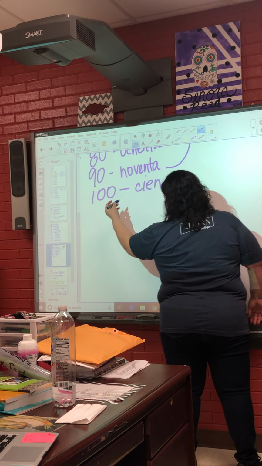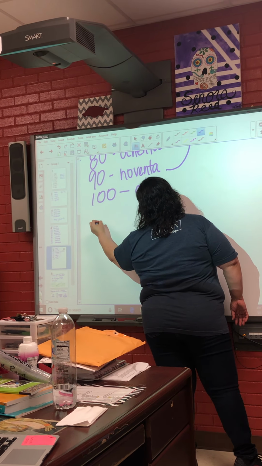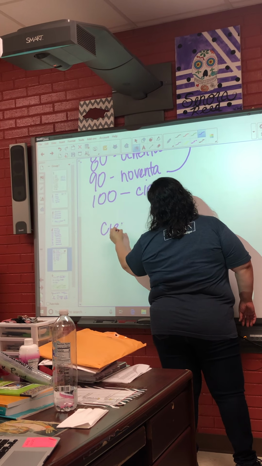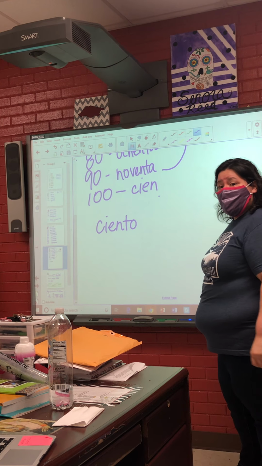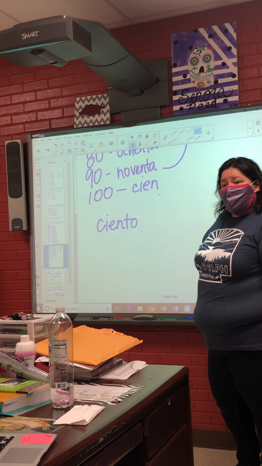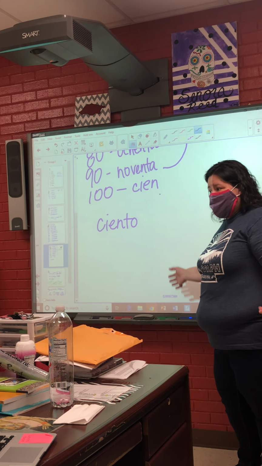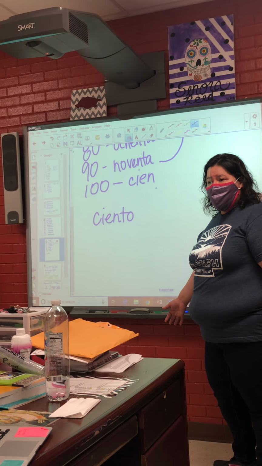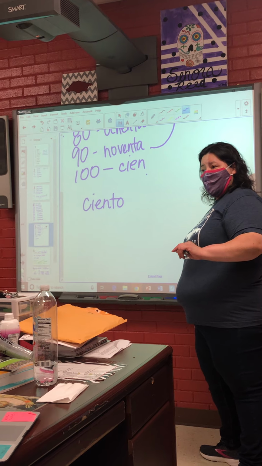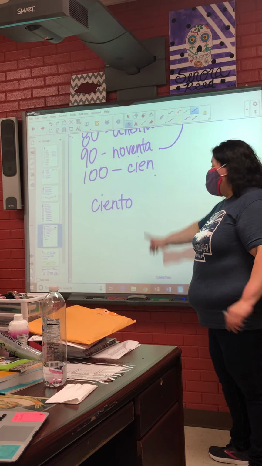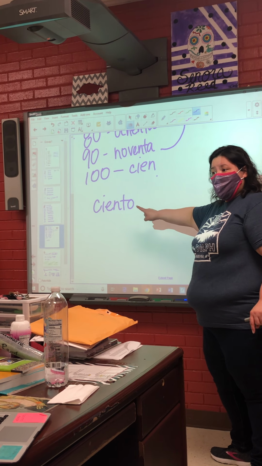So to go above 100, you're gonna have to say ciento. That's hundreds. How many hundreds do we have? If I say 120, how many hundreds do I have? Just one.